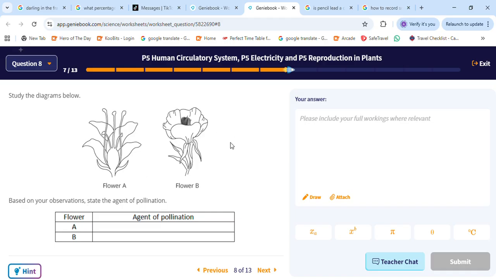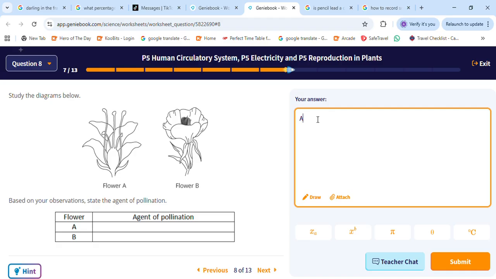State an agent of pollination. Okay. A. Now to do this, you need to look at the stuff in the thingy. I don't know what I'm talking about, man. Then you gotta look at the characteristics of the flowers.